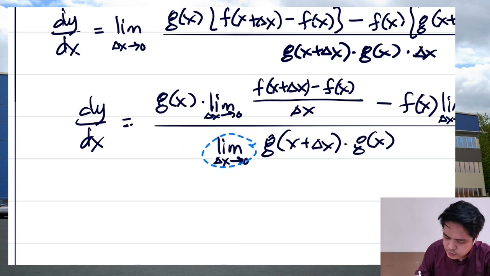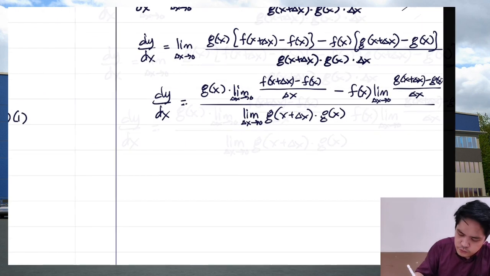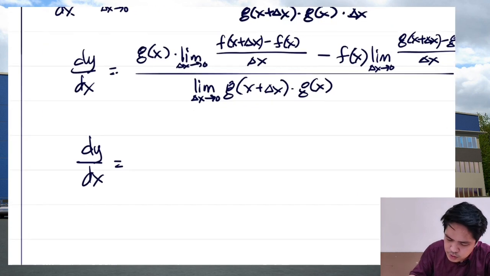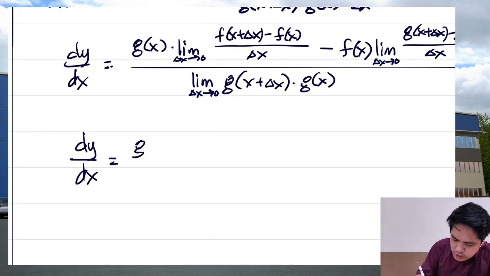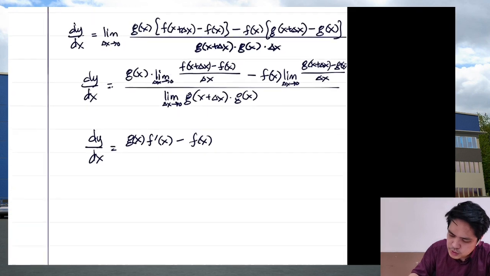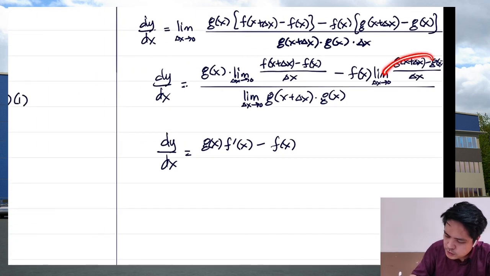So therefore, we'll have dy over dx or y prime that is equal to g of x times this, which is the derivative of f of x, minus f of x times this, which is the derivative of g of x.